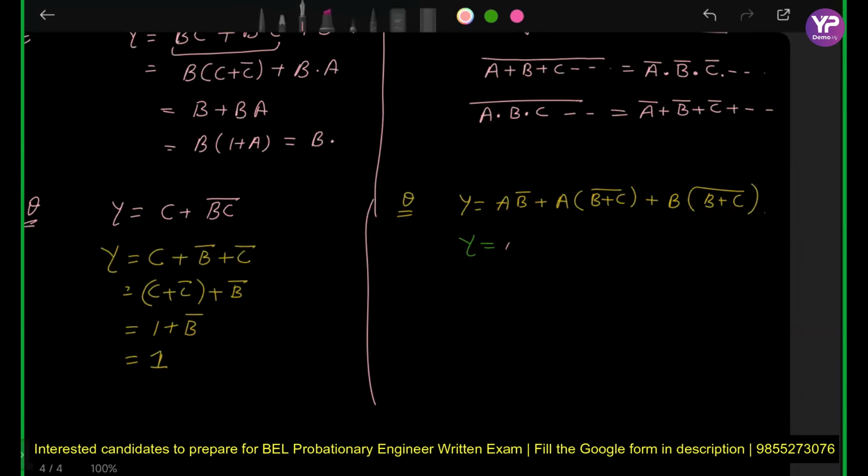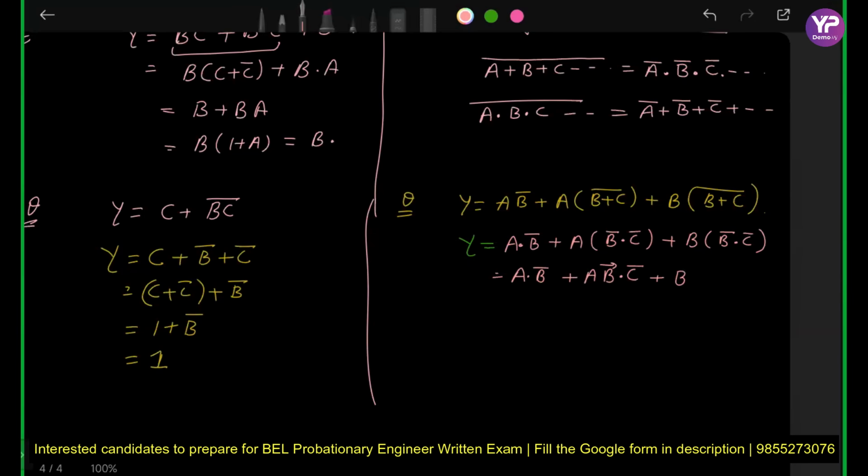So how we can solve it? A and B bar. So it is A, and this is B or C complement. That can be written by using De Morgan's theorem as B complement, C complement, so B bar and C bar. A and B bar, then A and B bar and C bar.